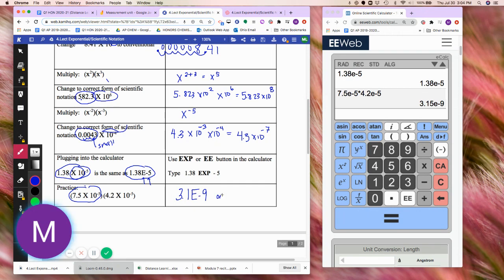This is another way of writing 3.1 times 10 to the superscript negative 9 power.